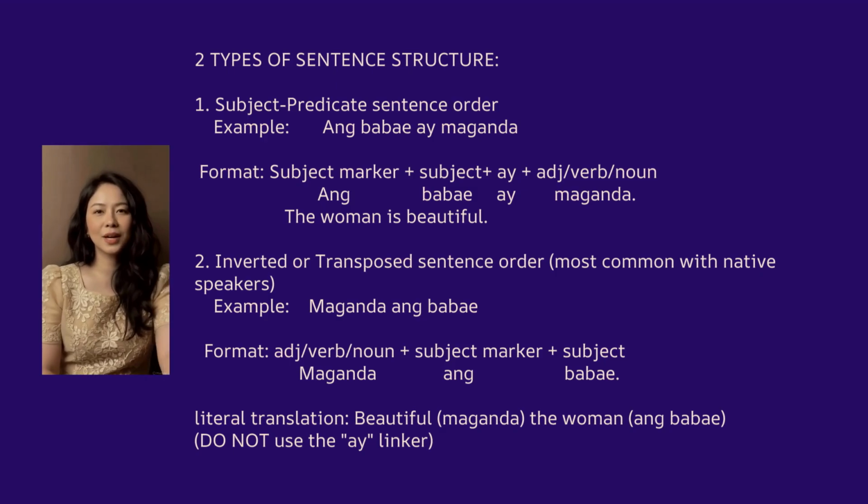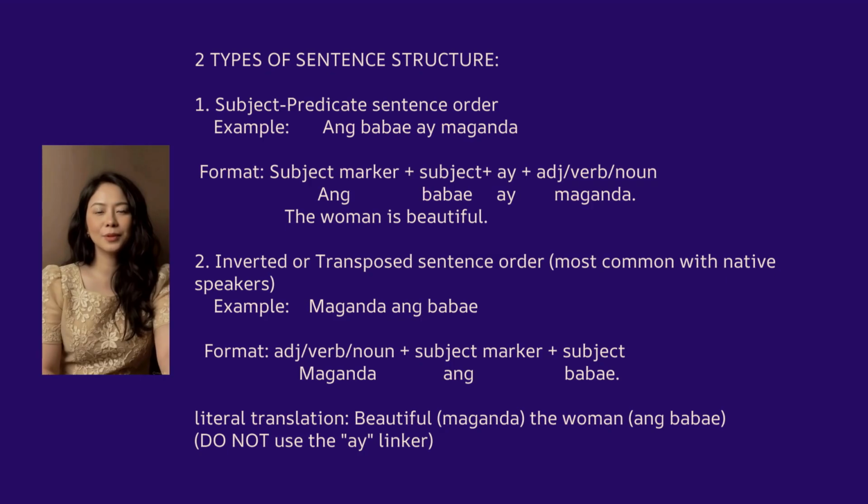The second one, and most commonly used by the native speakers, is the inverted or transposed sentence order. For example, maganda ang babae. The sentence format will be adjective or verb or a noun plus the subject marker plus the subject.